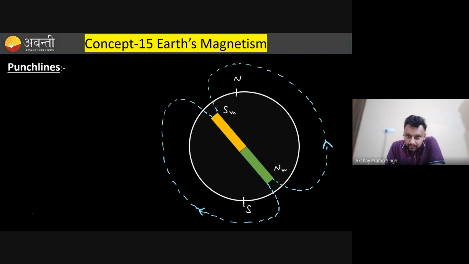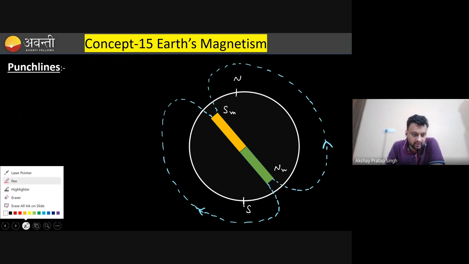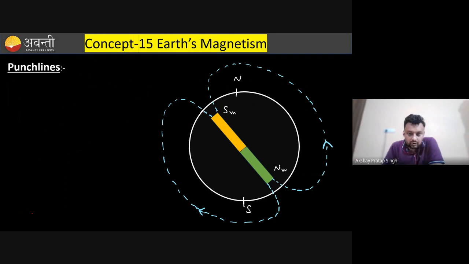Now, another thing that you should focus on. These are known as poles. This location, or I will change the color of the pen. This location, any doubt?